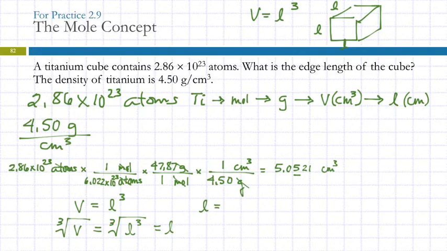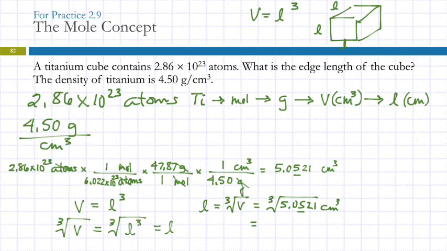So L equals the cube root of the volume, and this is the volume I just calculated. So the cube root of 5.0521 cubic centimeters. So your calculator should allow you to calculate that. On mine, I have a whatever root you want button. And so that's a TI-36X Pro calculator.